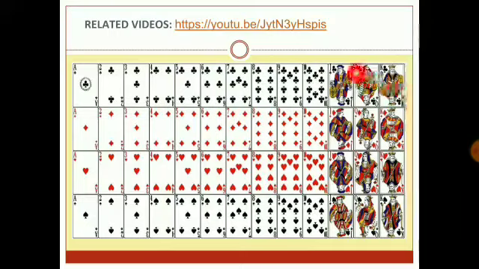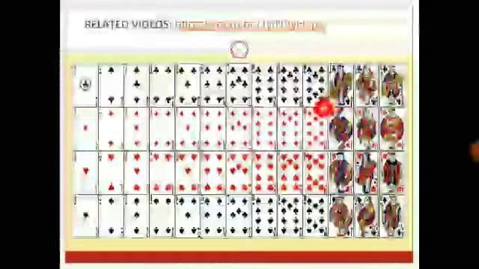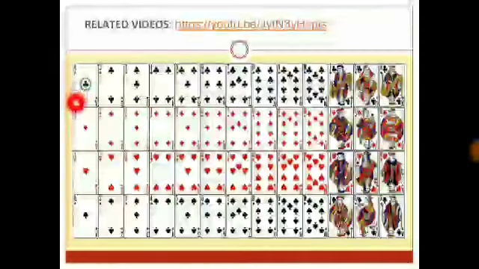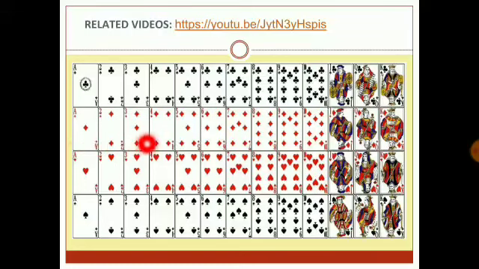As you can see, these are the 52 cards of the pack of cards, wherein I have 13 cards of clubs, 13 cards of diamonds, 13 cards of heart, and 13 cards of spades. Now this is an ace, which is represented by A. So we have 4 aces, one each of clubs, of diamonds, of hearts, and of spades.